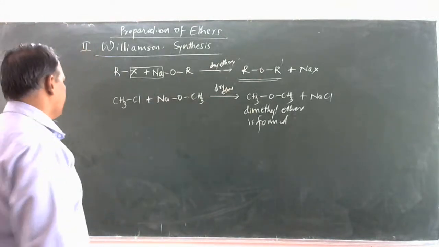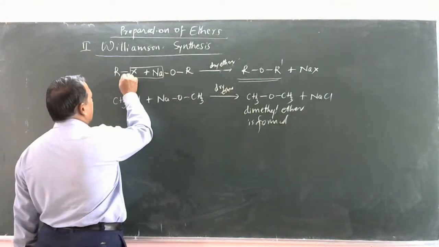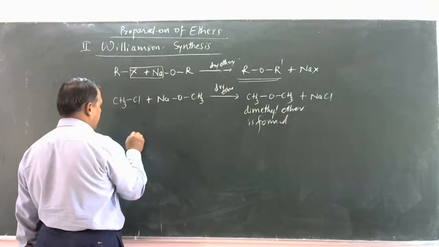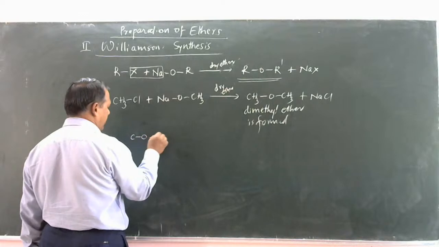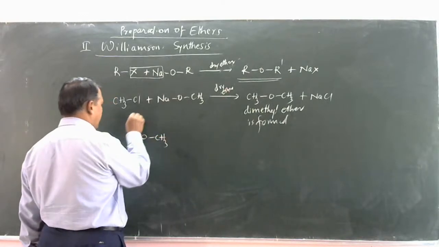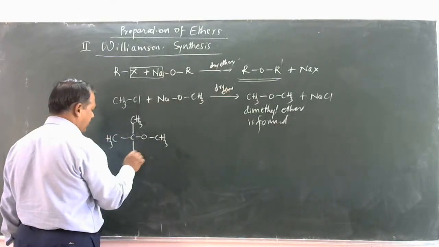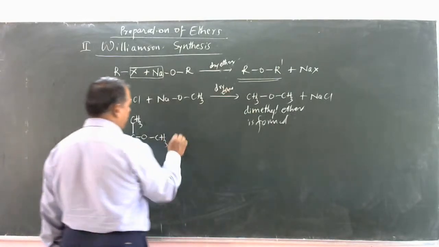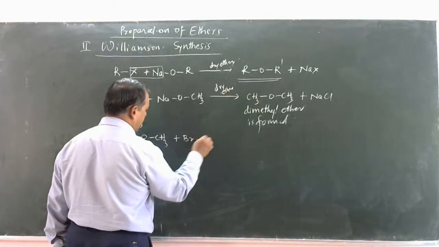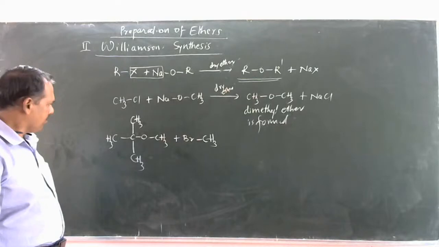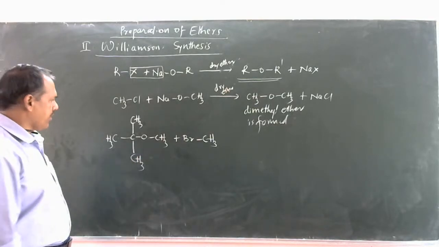See, in Williamson's synthesis, suppose we are going to take a tertiary alkoxide ion, (CH3)3CONa, when it reacts with methyl bromide, CH3Br. So what is the reaction product?